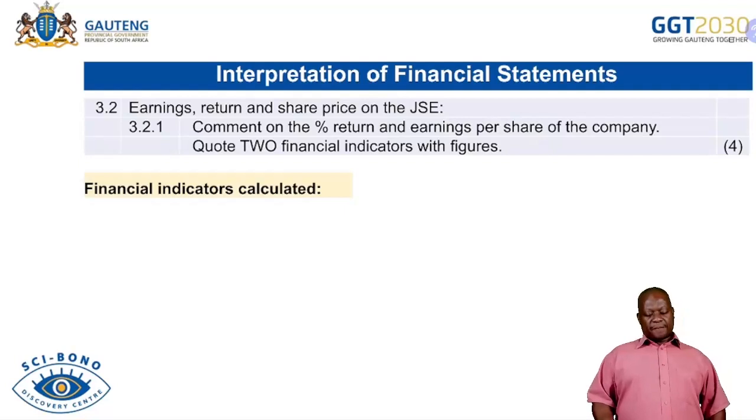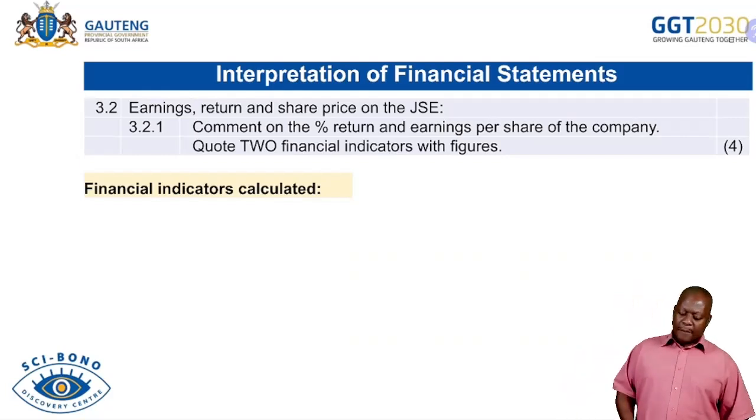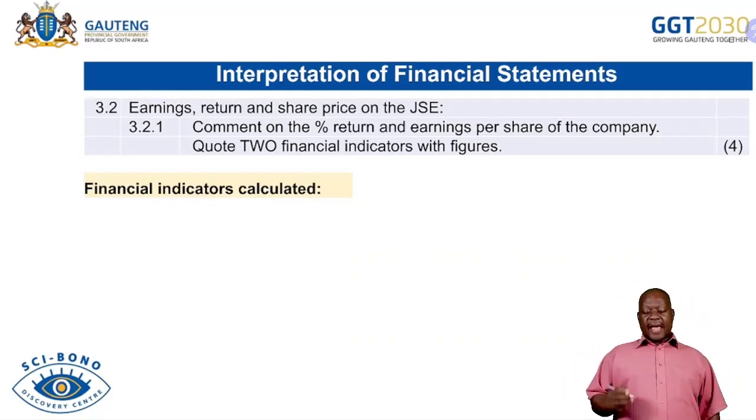Now they're saying here, this 3.2 is based on earnings, return, and share price on the JSE. The first part of it says, comment on the percentage returns and earnings per share of the company. Quote two financial indicators with figures.